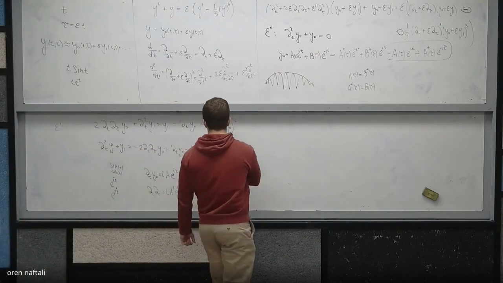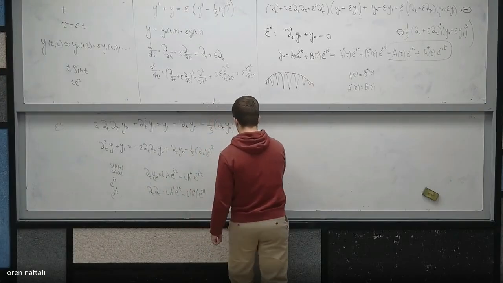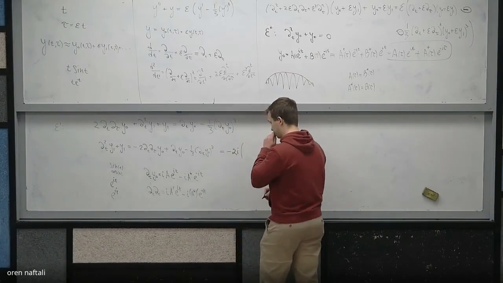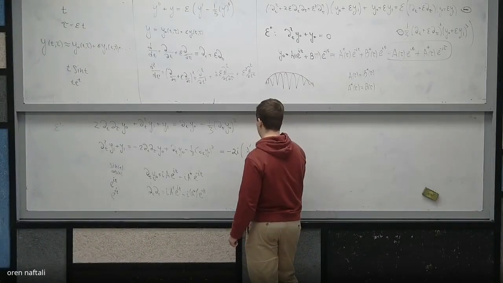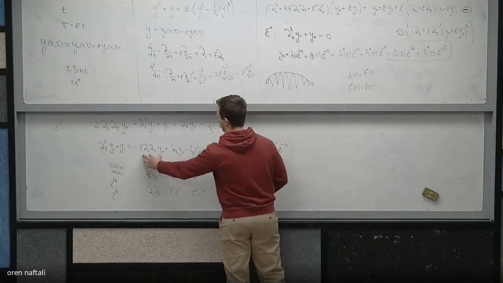Now let's plug in. So we have minus 2 times i times a prime e to the it minus a star prime e to the minus it. That's this cross term.